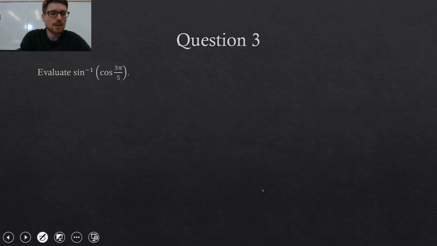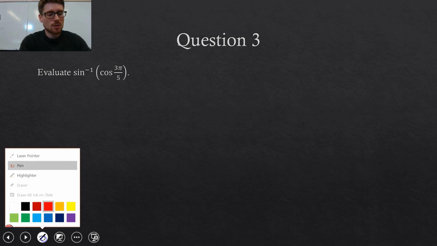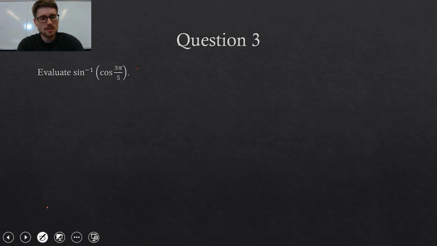Okay, next question. Evaluate sine inverse of cosine of 3 pi over 5. Well, again, my suggestion is to keep your eye on the prize. What is the result supposed to be? And then we're going to work our way to simplify this till we have a good diagram and we can solve the problem. So the end result is an answer to sine inverse.